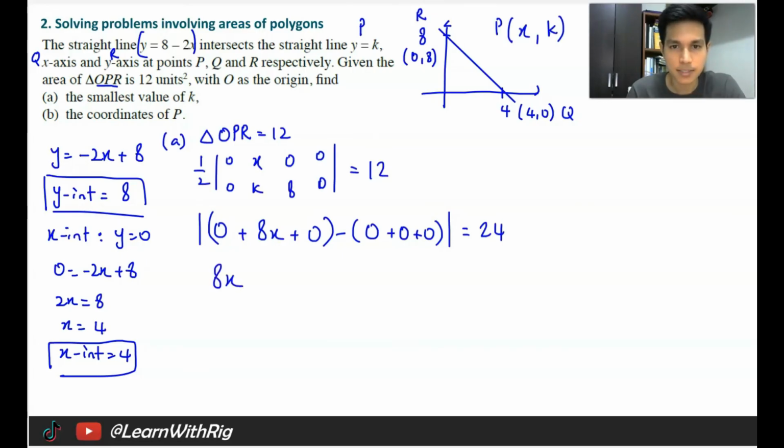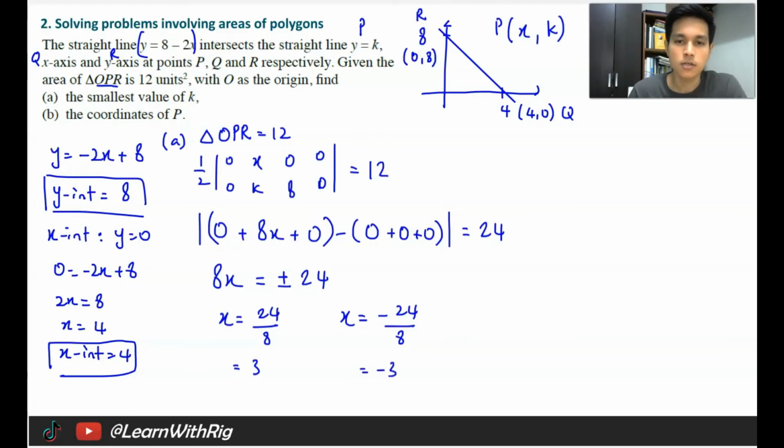So 8x equals, remember, when you shift the modulus, it has to be plus or minus 24. So x can be 24 divided by 8, which is 3, or x equals negative 24 over 8, which is negative 3.